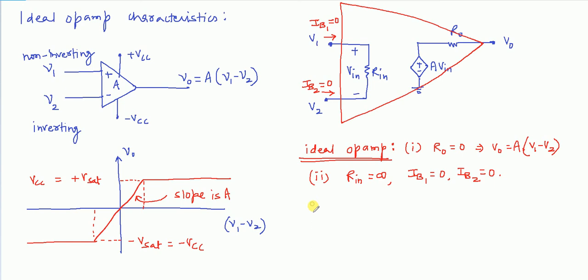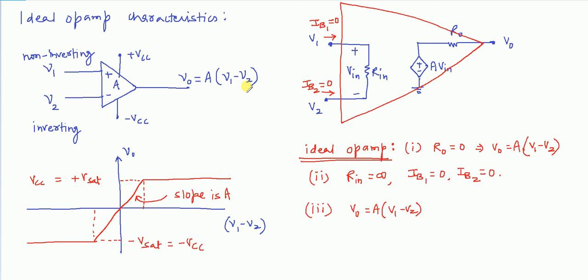Now we have seen that output voltage is nothing but the amplified input voltage, and input voltage is nothing but the difference of voltages. So op-amp basically amplifies the difference of input voltages.